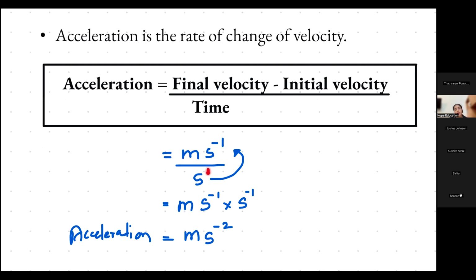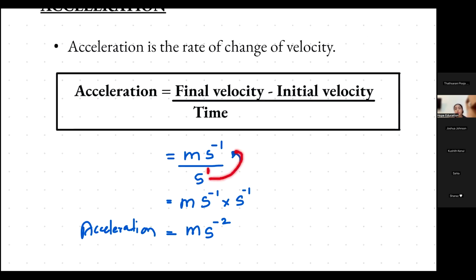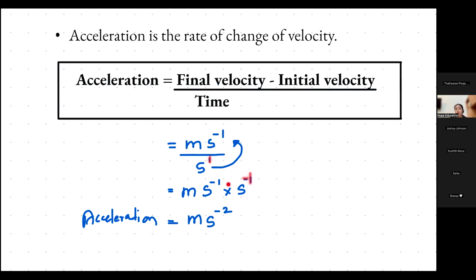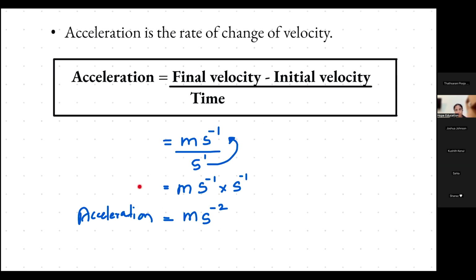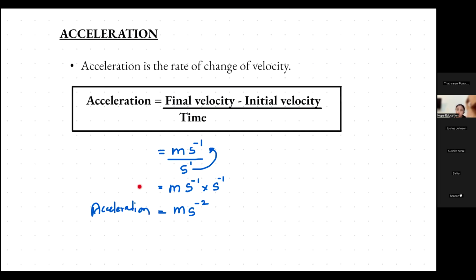When I bring it to the top, I told you the sign of the power changes, so it becomes minus 1. So ms minus 1, s minus 1, that would be ms minus 2. Is that clear to all of you? So the unit of acceleration is ms minus 2.